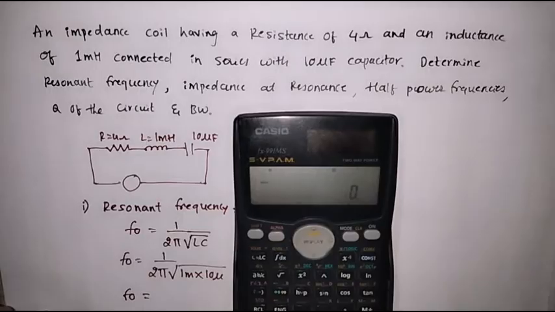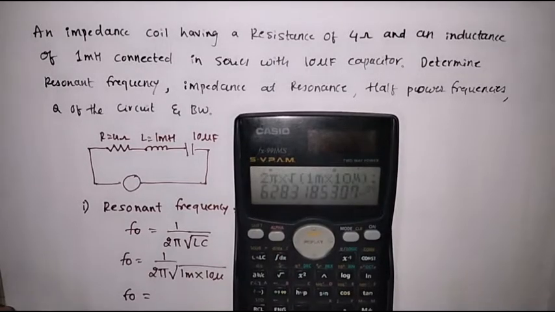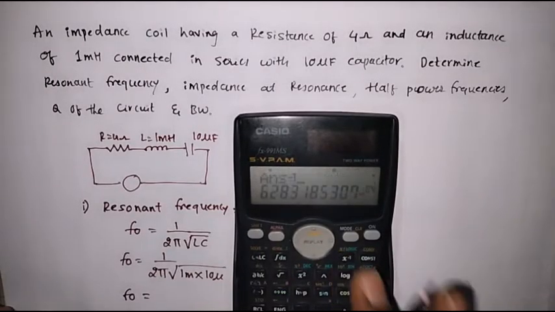I will calculate the denominator value, then I will take inverse. That is 2 pi into square root of 1 milli into 10 micro. We will take inverse of this.